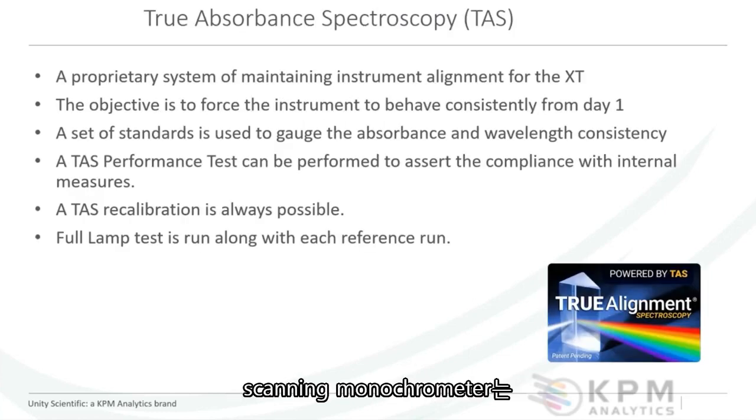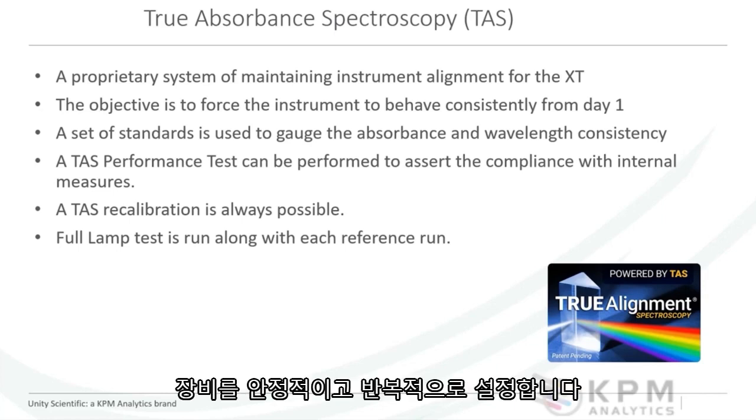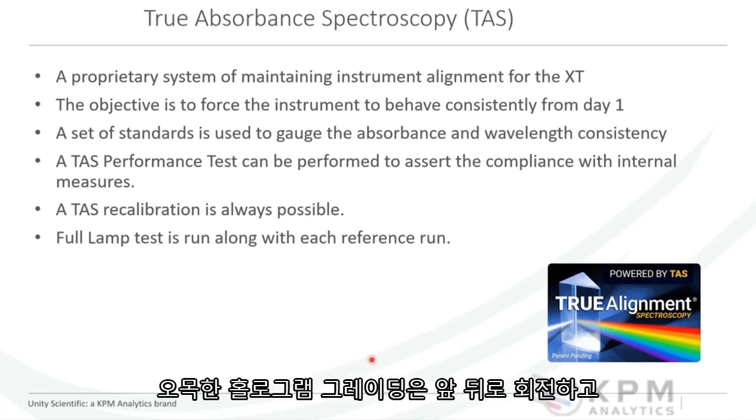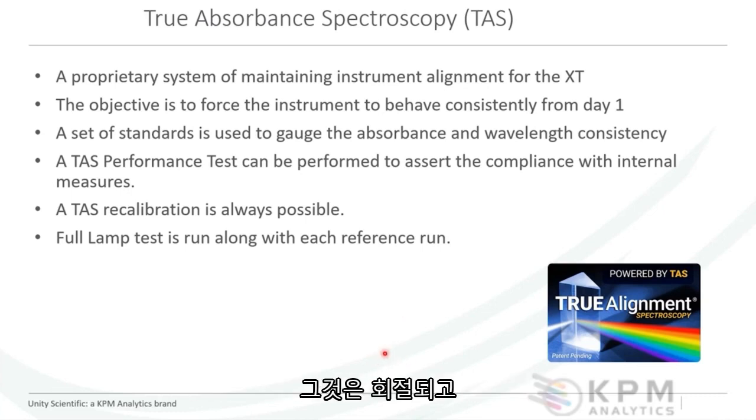One of the key things with a scanning monochromator is reliably and repeatedly setting up your instrument. If you remember, the concave holographic grating is rotating back and forth, and that is sweeping diffracted light through a slit eventually onto our sample.